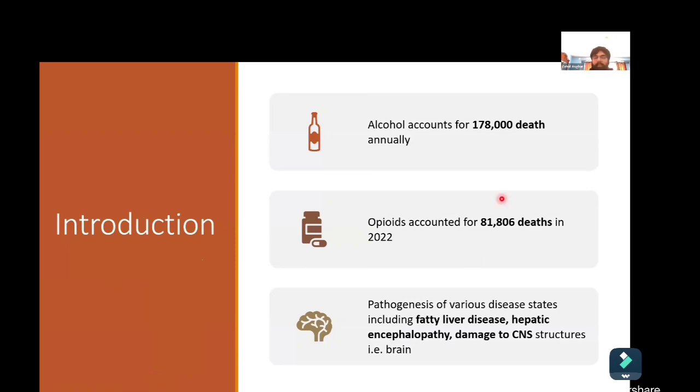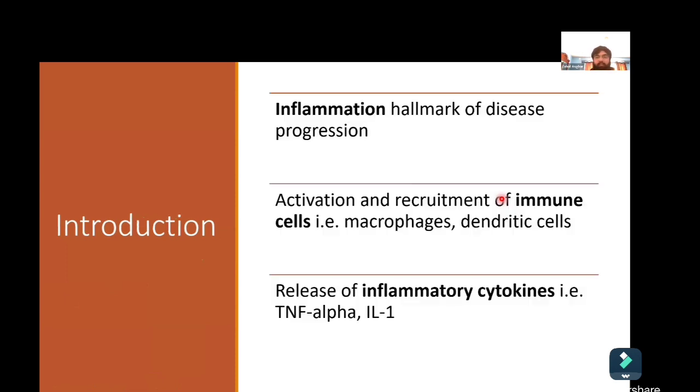Okay, so like I mentioned, they are a common cause of disease in both acute intoxication as well as chronic long-term disease. In both, inflammation is often a hallmark of disease.